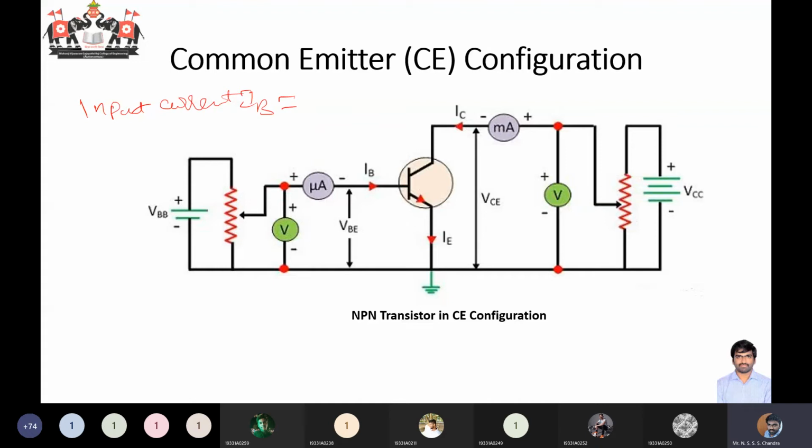IB is only the recombination current, right? So IB mostly consists of recombination current. That's why your IB is very small. It's in the range of microamperes. Unlike the previous case, where we took the CB configuration and used both ammeters in milliamperes, here we are using a microamperes range ammeter. Can you see that difference?